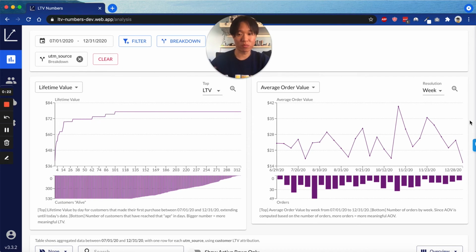They have what I'm looking at right now. So business A is only willing to spend up to that 20-something AOV to acquire a customer. But business B knows that even if their AOV is 20-something, if you look at their LTV graph, their LTV is like $77. So they're actually willing to spend up to $77 to acquire a customer.